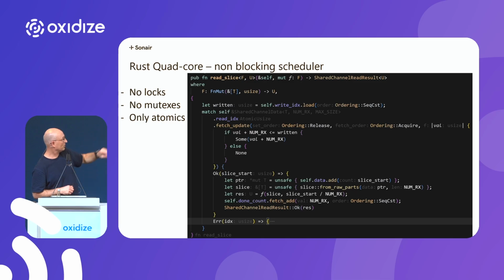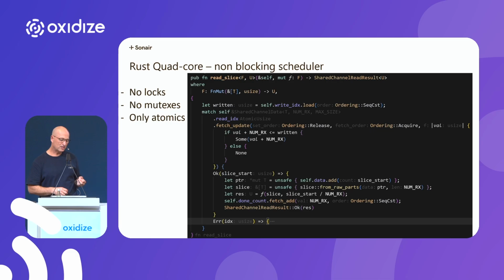And if there was something to do, we apply this function, this f, that is a function pointer, to do work that takes the raw data and converts it into what we need it to be. And then it increments the done count at the end. And hence we get a non-blocking, multi-core, bare metal implementation with no locks, no mutexes, only atomics.